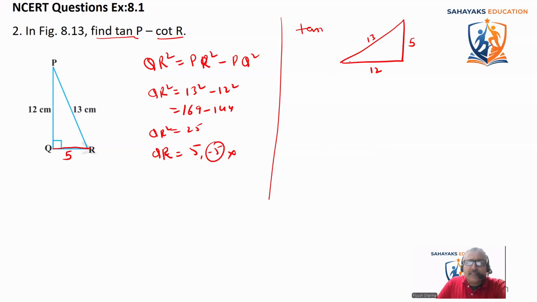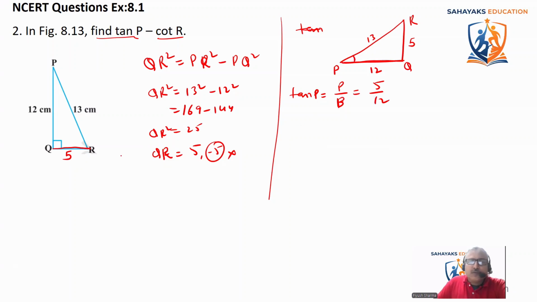So this is P, Q and R. When you're talking about tan P, we have to consider the side next to P as base. So 12 is the base in this case. So tan P is equal to perpendicular divided by base, so perpendicular is 5 and this is 12.